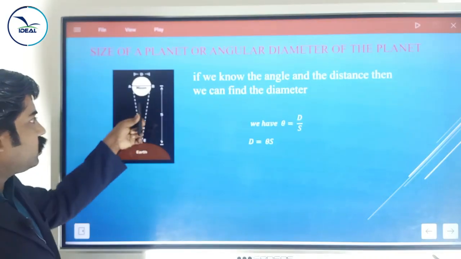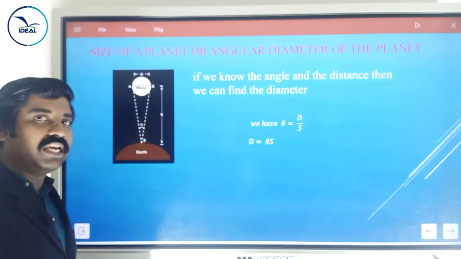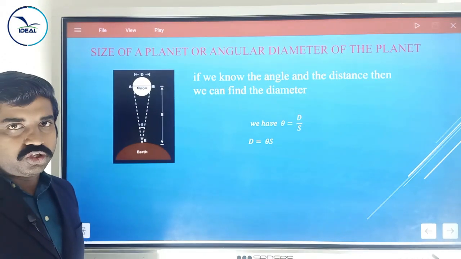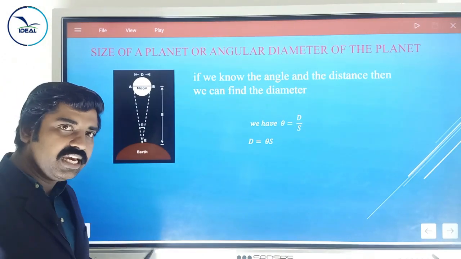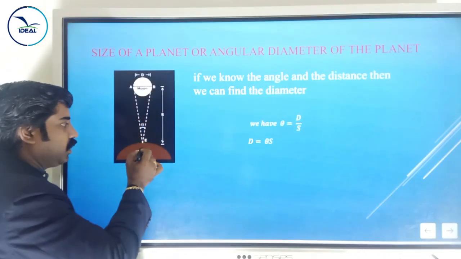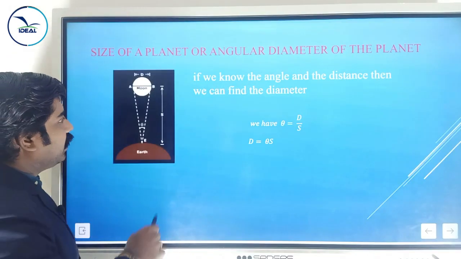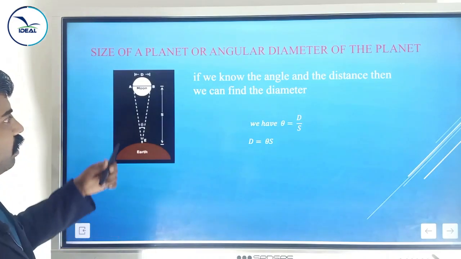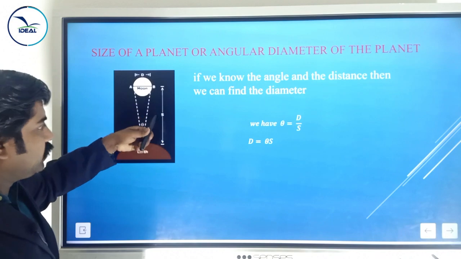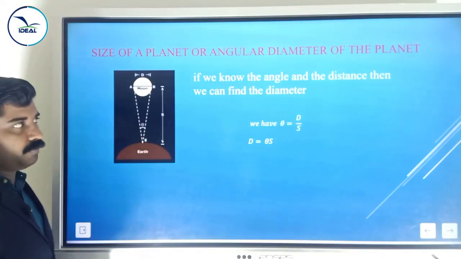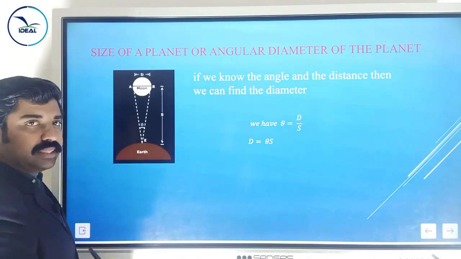So these two distances are approximately equal because it is a large distance. So it should be approximately equal, and it is equal to the distance from the center to this. So that is denoted as S. So if we know this S and we can observe this theta, we can observe this theta.